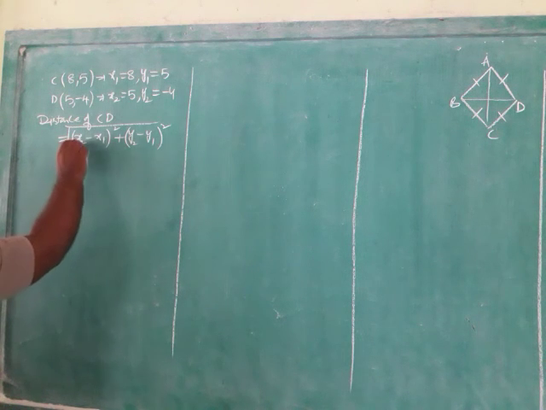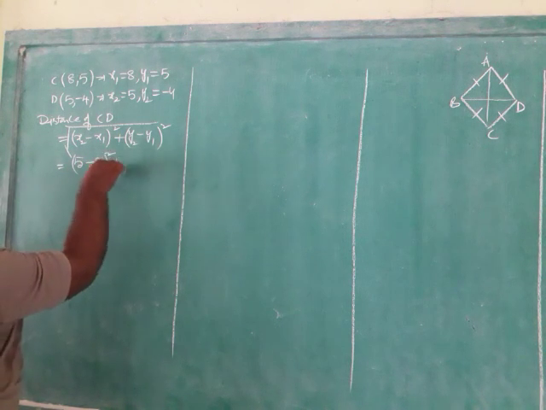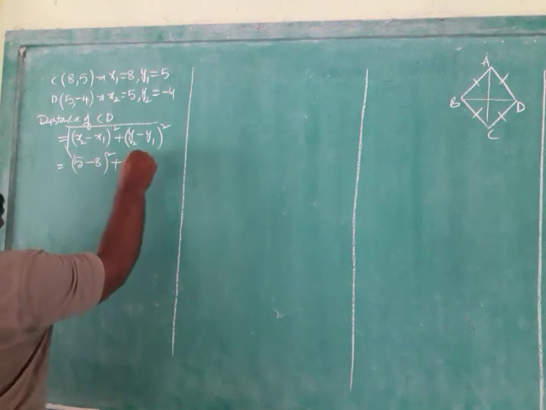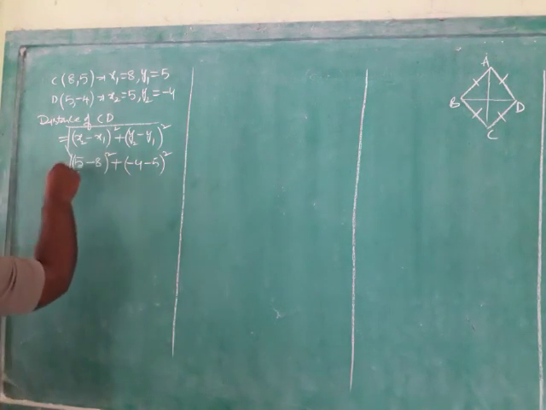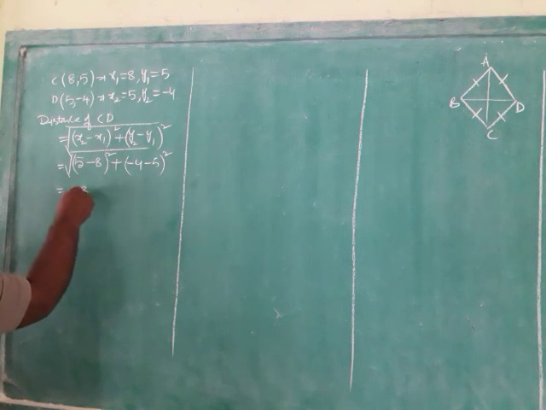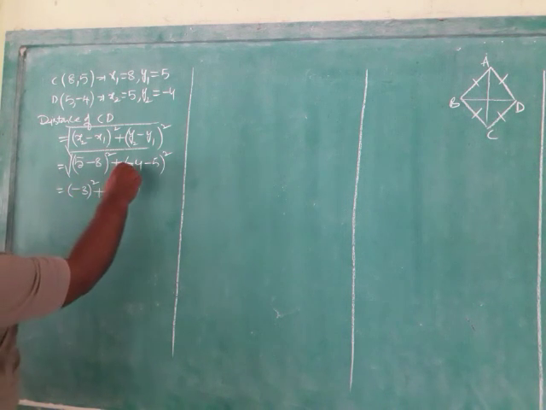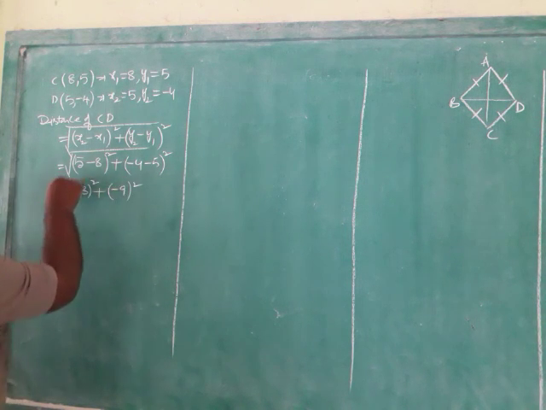Which is equal to x2 value 5 minus 8 whole square plus y2 value minus 4 minus 5 whole square under the root. Now which is equal to 5 minus 8, minus 3 whole square, plus minus 4 minus 5, that is minus 9, whole square, under the root.